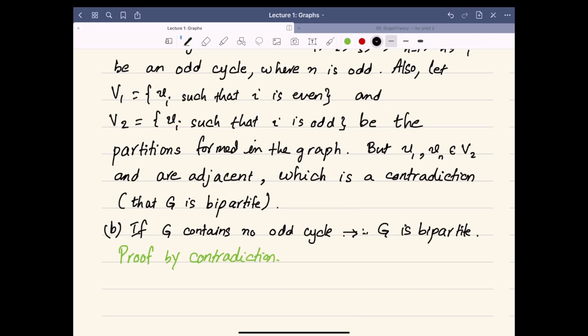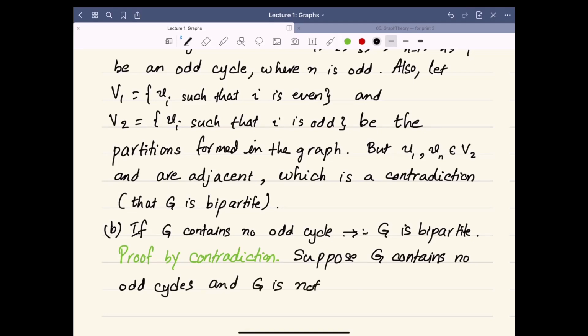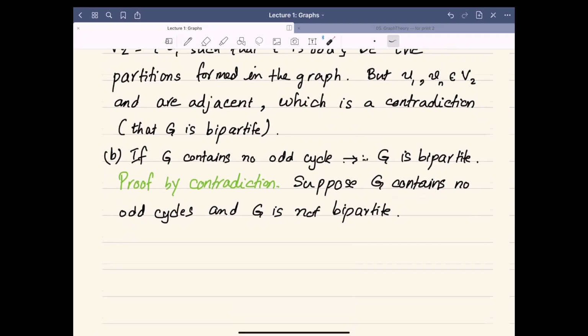Let us write the contradiction statement. Suppose G contains no odd cycles and G is not bipartite. So here we assume for the contradiction statement that G contains no odd cycle and at the same time G is not bipartite.